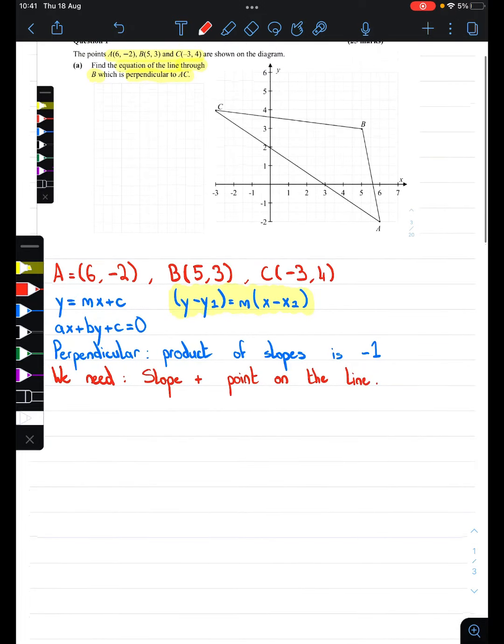The line goes through B, so B is on the line.